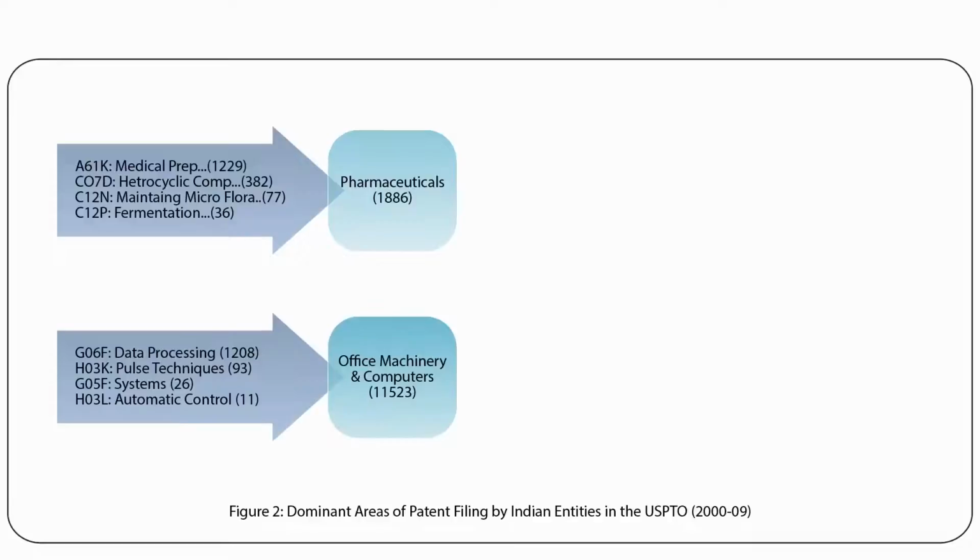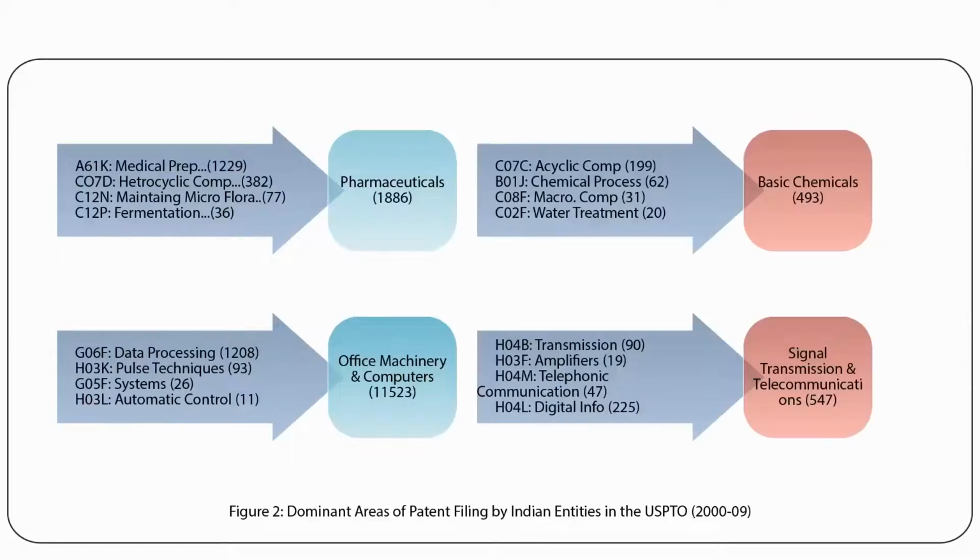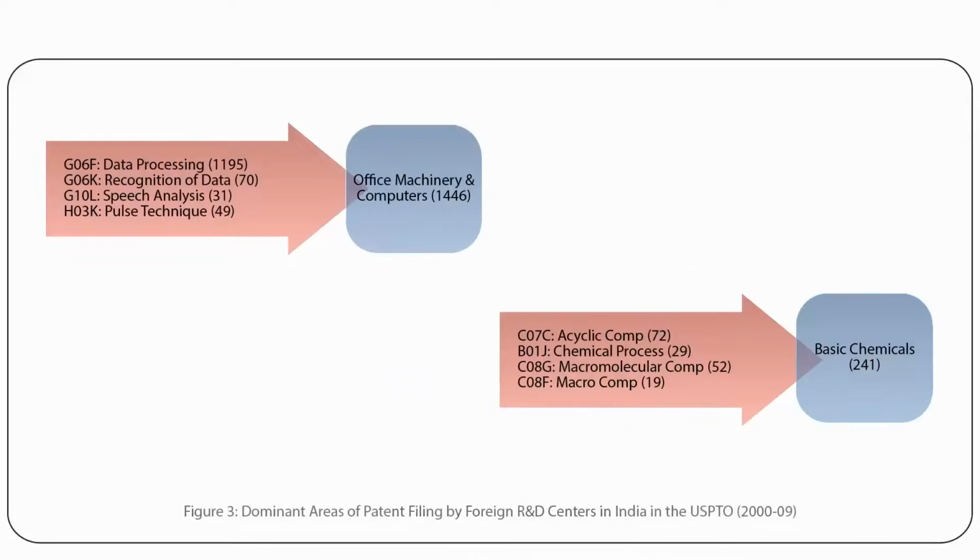This is followed by office machinery and computers and basic chemicals. So broadly we can say that this is the portfolio of Indian patenting activity in the US Patent Office, which is also, as I have said, an indication of the country's technological strength.